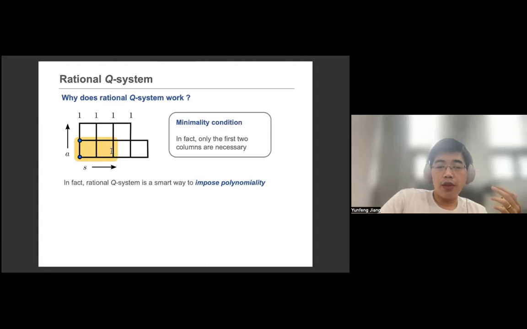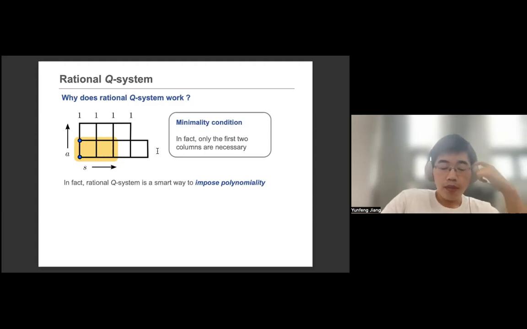Because if the Q functions on this shaded part in the first two columns are polynomials, then the rest are polynomials automatically. So the rational Q system actually has certain redundancy. The minimality condition is that you need to require these on this side to be polynomials. The rest are just redundant.